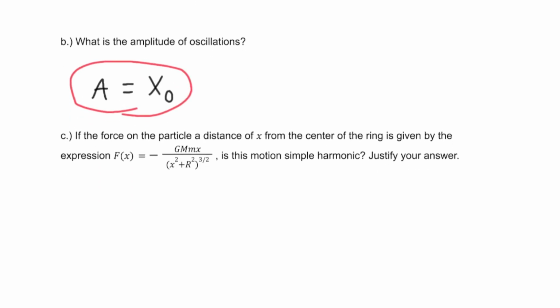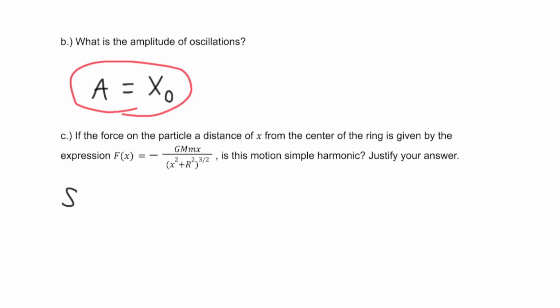Suppose the force of the particle is given by this lovely expression. Is this motion simple harmonic? So to do this, realize we have 4 conditions to check, and they all should work. We're given the force, so it definitely seems easiest to look at the force condition.